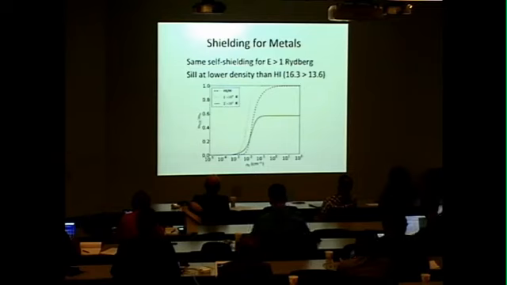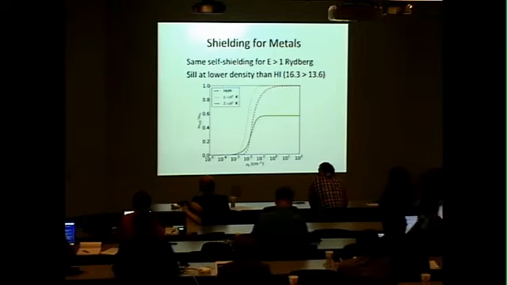I fire up Cloudy, and I generate a bunch of density ionization models for silicon with an ultraviolet background which is attenuated by the same factor as we attenuated it for neutral hydrogen, for all energies greater than 1 Rydberg. For all energies less than 1 Rydberg, it's the same as in the optically thin case, which means that you don't get, for example, silicon-1 forming. For high energies, it's attenuated by a certain amount, so you get more silicon-2.